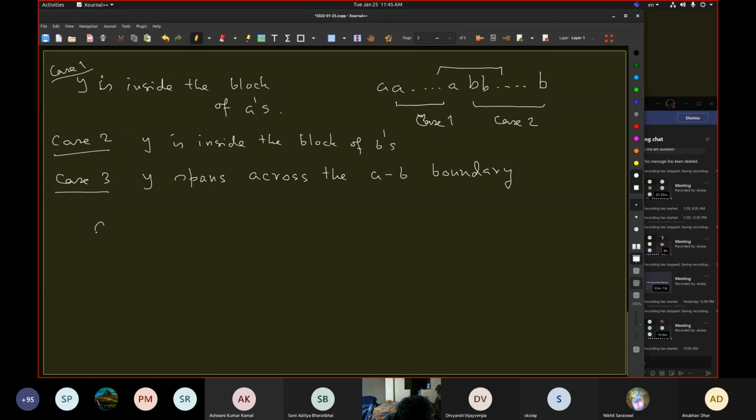So in case 1, you look at, let's say, W0. Let's say the length of Y is L, greater than or equal to 1. So what will be XZ?